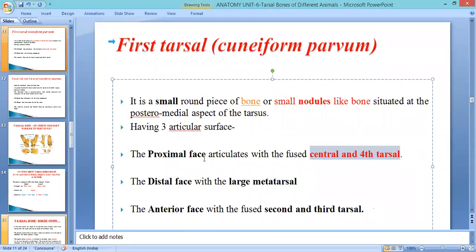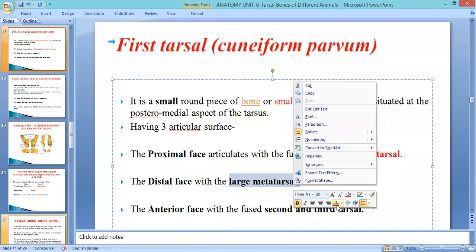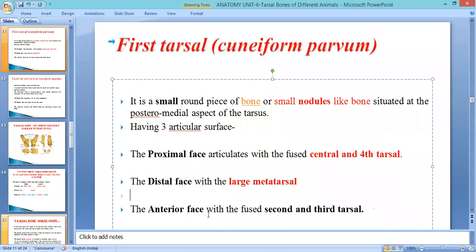So proximally it comes in contact with the central plus fourth, and distally it is in contact with the large metatarsal bone. And the anterior face, because it is located just below and behind the second plus third, is in contact with the second plus third fused tarsal.